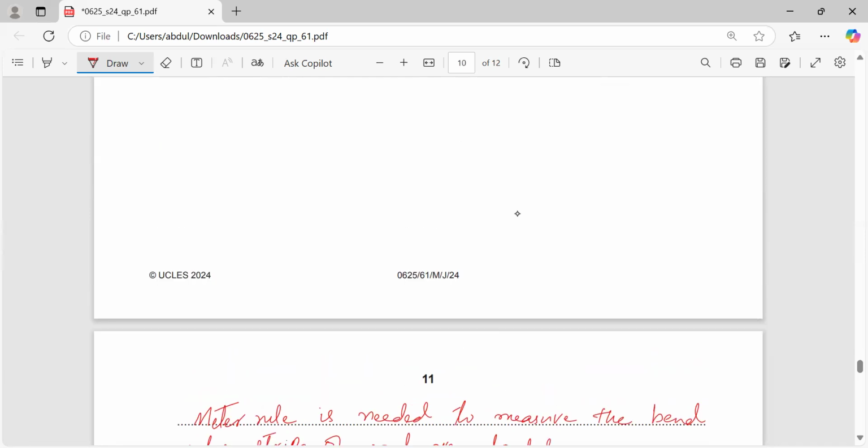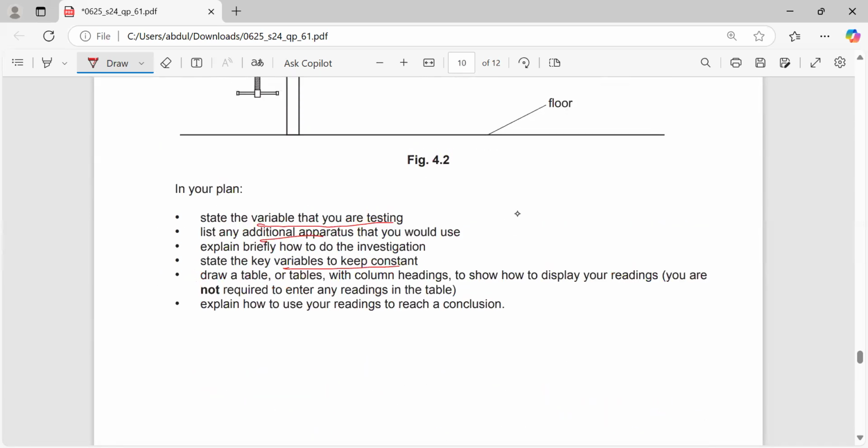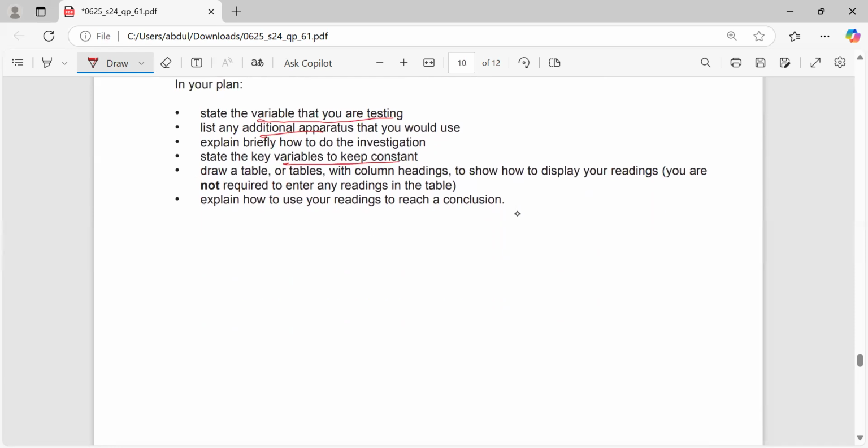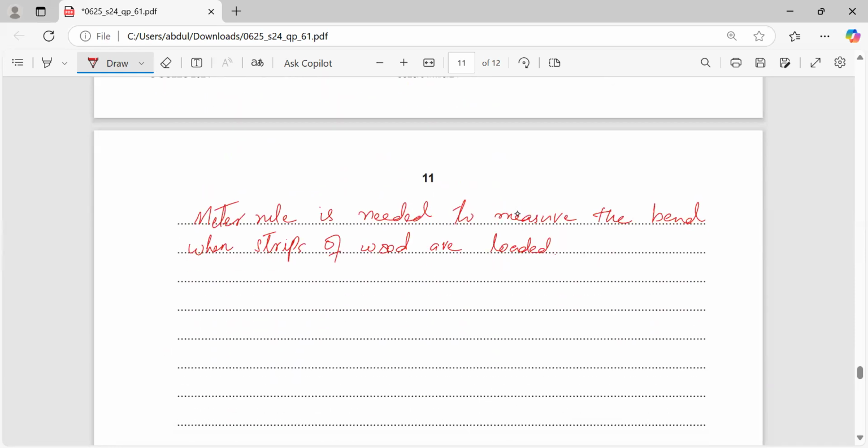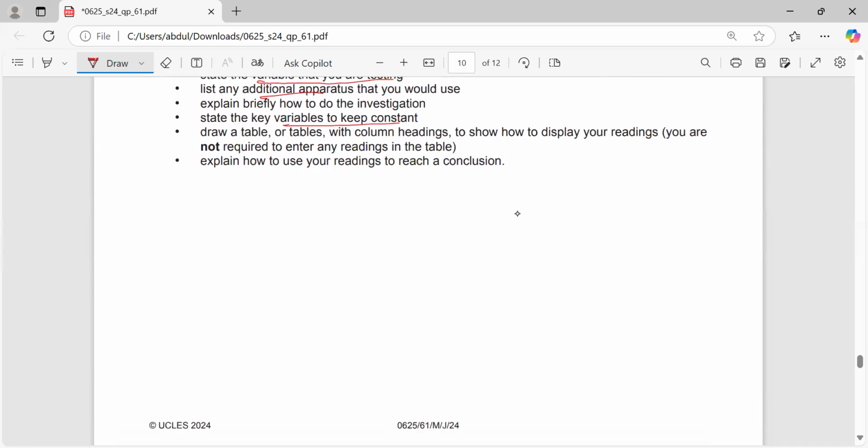Okay, now next here say additional apparatus I wrote to measure the bend with strips of wood. These first 2 points are mentioned here in this line. Now next is the method to do it.